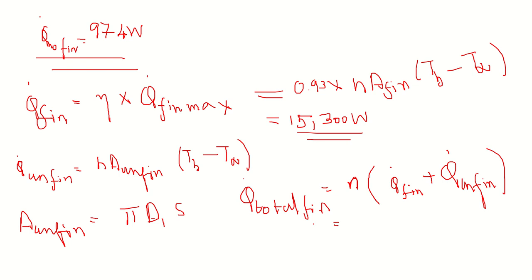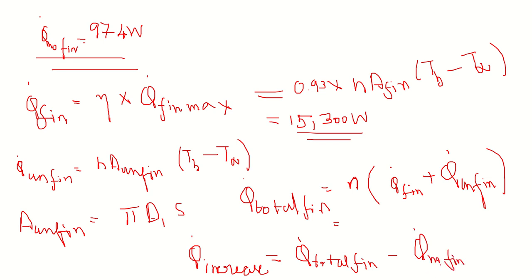Now if I want to see the increase in rate of heat transfer, how much is the increase? I'll just write Q dot increase is equal to Q dot total fin minus Q dot no fin, the one we found at the beginning.